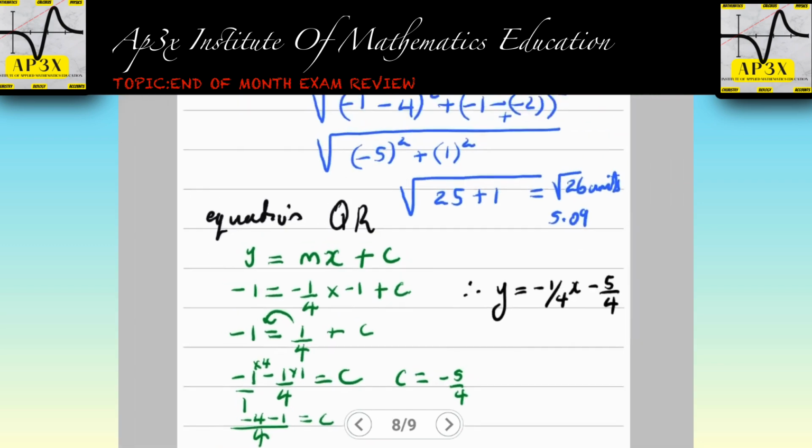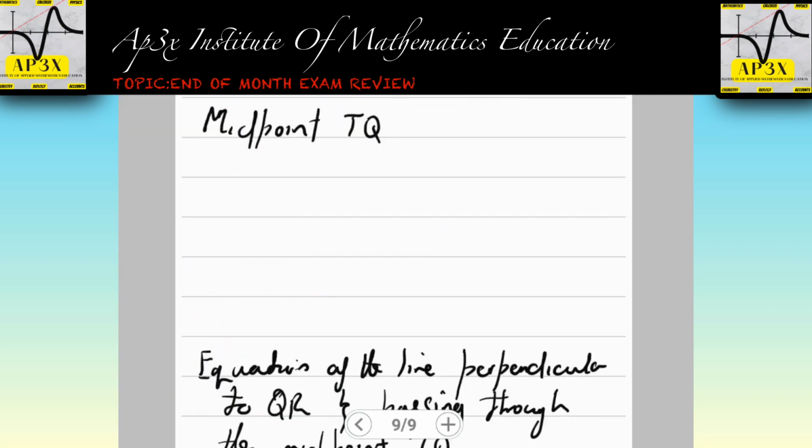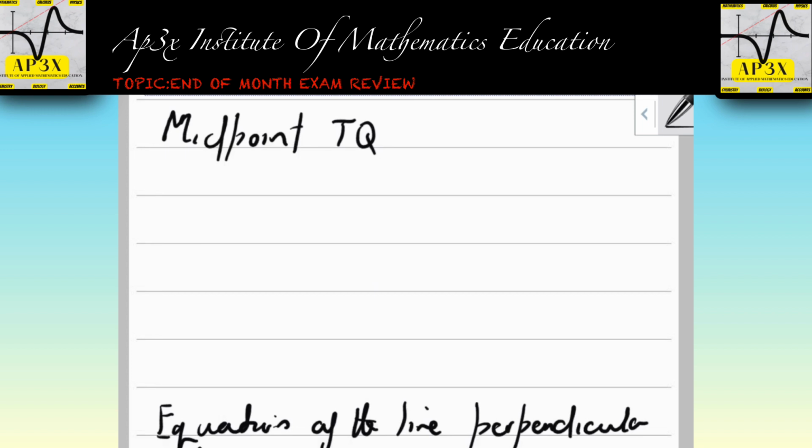All right, and then we're going to be looking at, well, not finally, we have the midpoint here. The midpoint, which is capital M, is equal to x1 plus x2 over 2, comma, y1 plus y2 over 2.